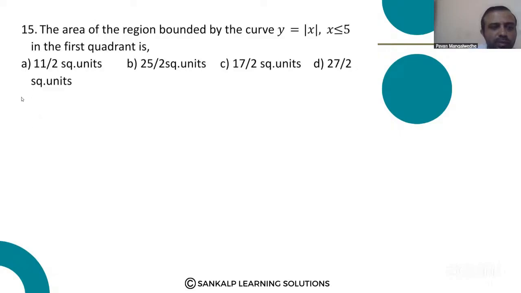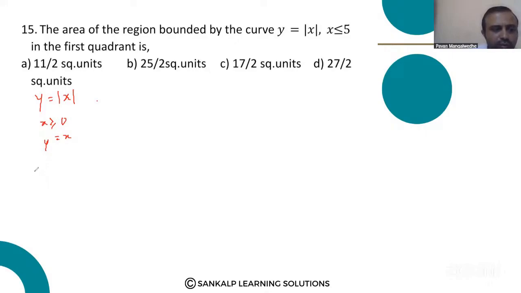So it is clearly mentioned that y is equals to mod of x, and the condition is x is greater than or equal to 0 in the first quadrant, which simplifies to y is equals to x.